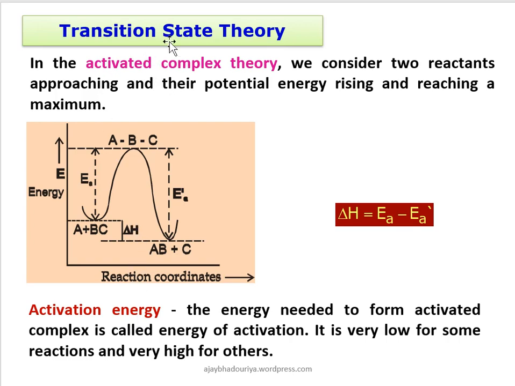Now that is the transition state theory. It's the graph between energy versus reaction coordinates. In the activated complex theory, we consider two reactants approaching, with their potential energy rising and reaching a maximum amount of energy.